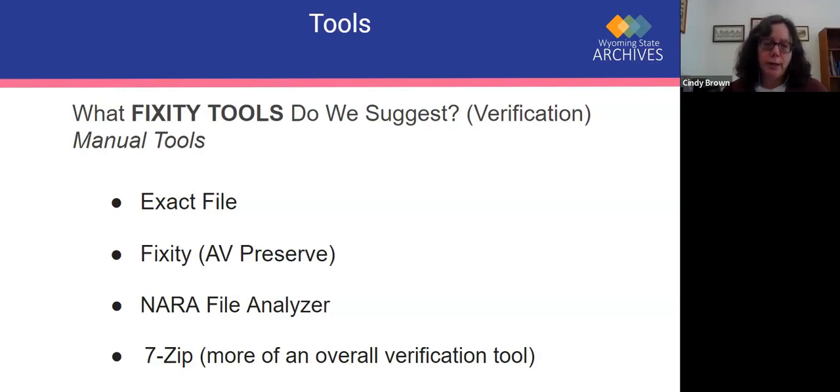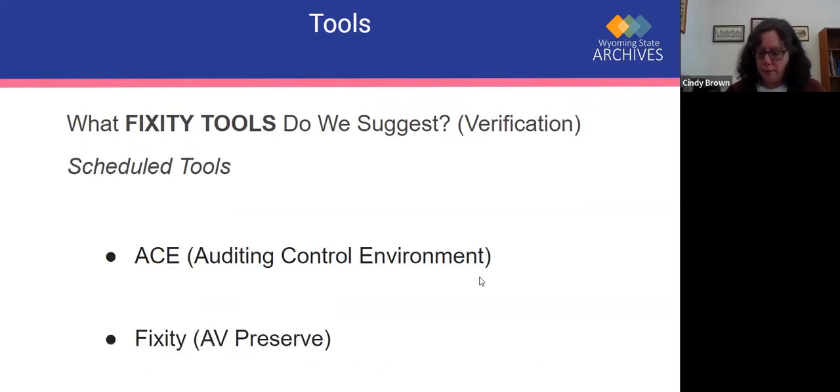But it actually has the capability of generating hash values. So where you could use it is if somebody's sending you a zip folder, they can send you the hash value for the folder and you can compare it to what you received to make sure nothing was lost in transit. So it's one of those tools that does a lot of different things.